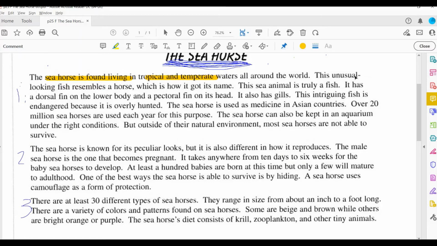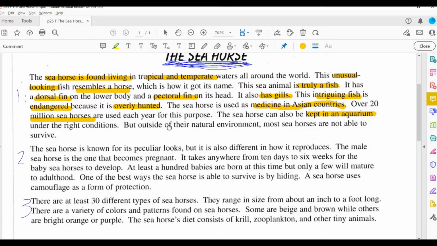Let's see. It says unusual looking, resembles a horse. Truly a fish. Something about it being truly a fish. A dorsal fin, a pectoral fin, has gills. Intriguing fish. Endangered, overly hunted. Medicine in Asian countries. Million seahorses.